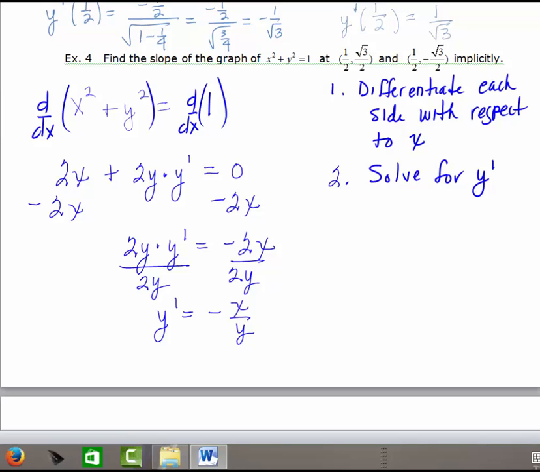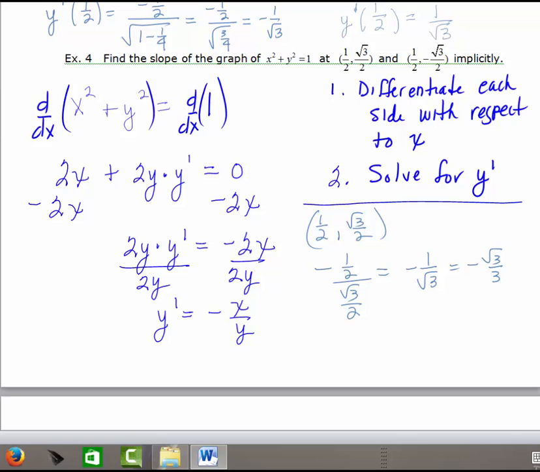At the first point, 1/2 square root of 3 over 2, the slope at that point is just going to be negative x over y. So it's the opposite of the x coordinate over the y coordinate, which is negative 1 over the square root of 3, or negative square root of 3 over 3.